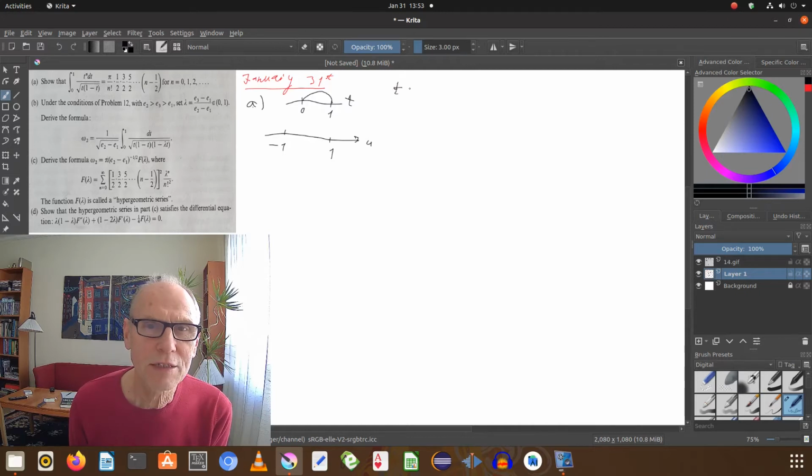Defining t as a function of u, it's much easier to go from t to u. So I'll do that. The slope is 2 and 0 goes to -1.